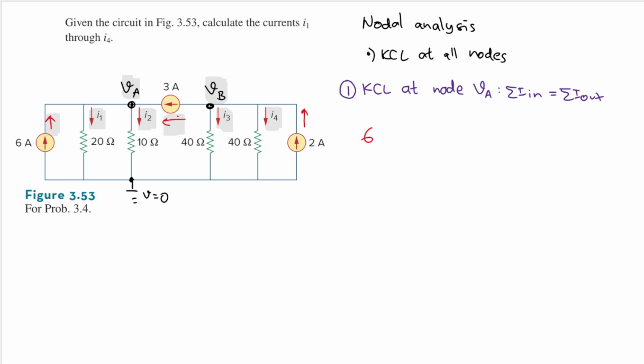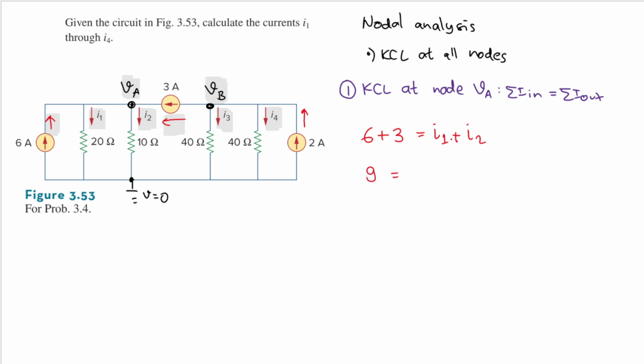And then this current here is 3 ampere, so we'll have plus 3. And then all the other currents are going out. So we will have I1 here, and then this one will be I2. So I will have plus I2. Good. Now 6 plus 3 is 9.